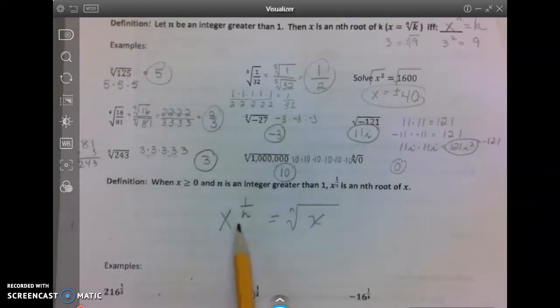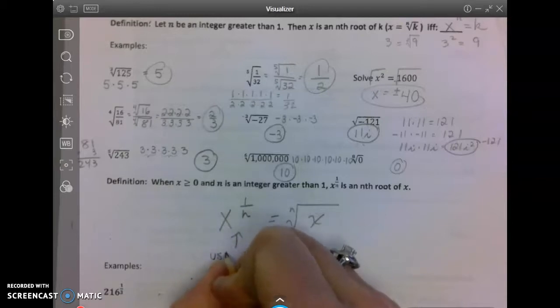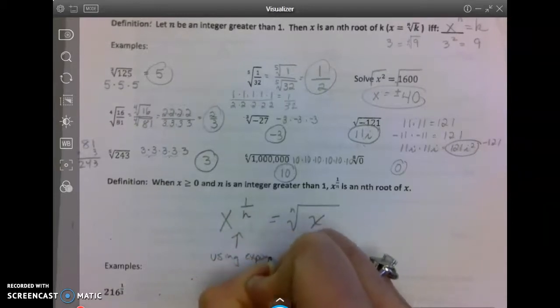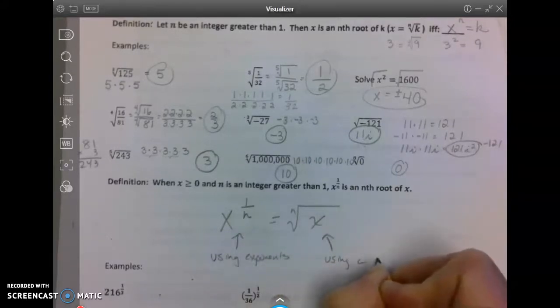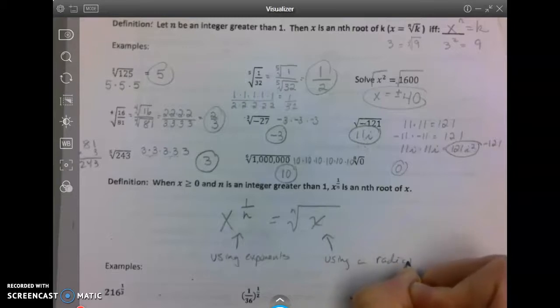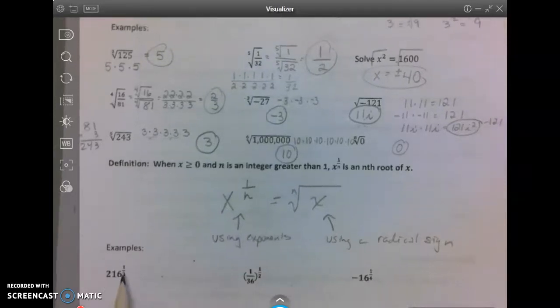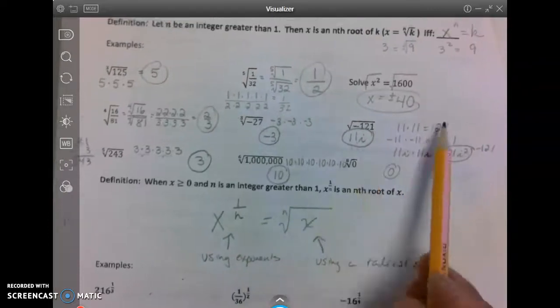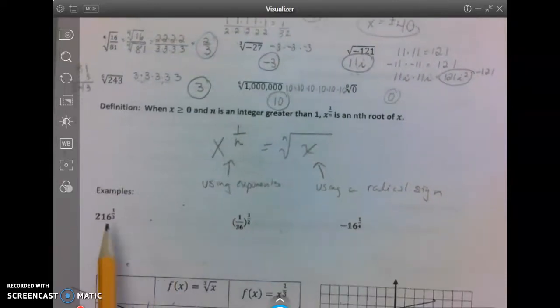This is how we can write it exponentially, and this is how we write it using a radical sign. They mean the same thing, which is why there's an equal sign in between. So these particular examples up here were written using a radical sign. These examples down here are written using exponents.